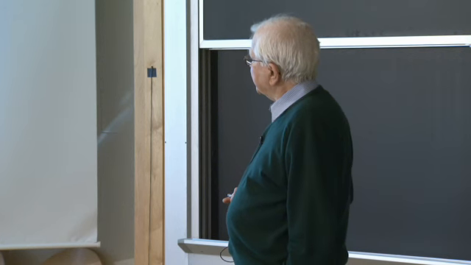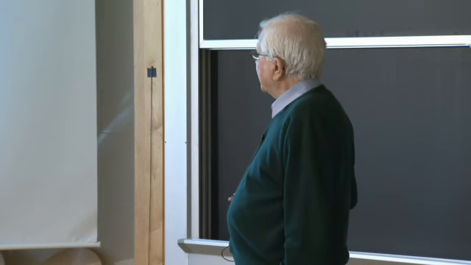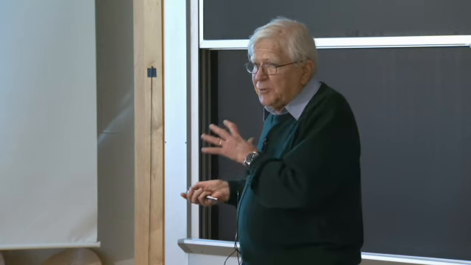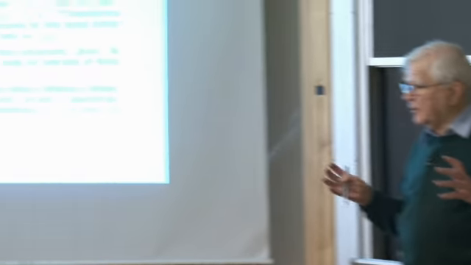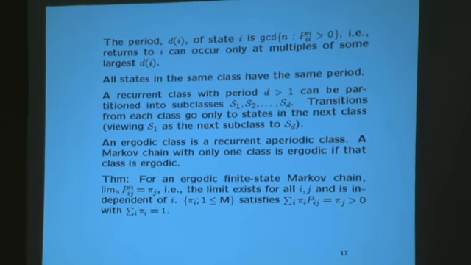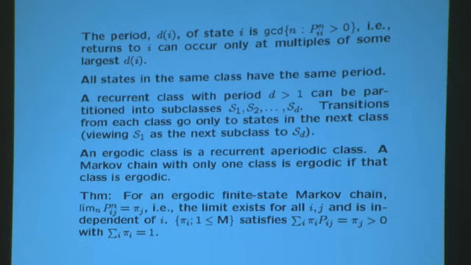A recurrent class with period d greater than 1 can be partitioned into subclasses. This is the best way of looking at periodic classes of states. If you have a periodic class of states, then you can always separate it into d subclasses, and in such a set of subclasses, transitions from states in S1 only go to S2, transitions from states in S2 only go to S3, up to transitions from S_d only go back to S1.